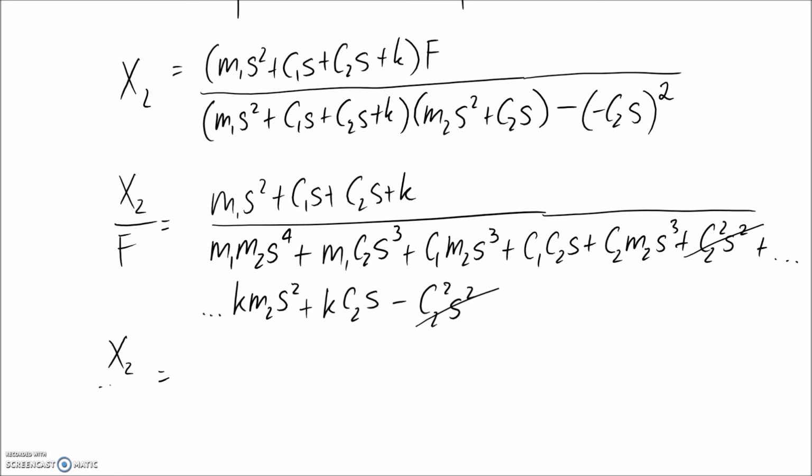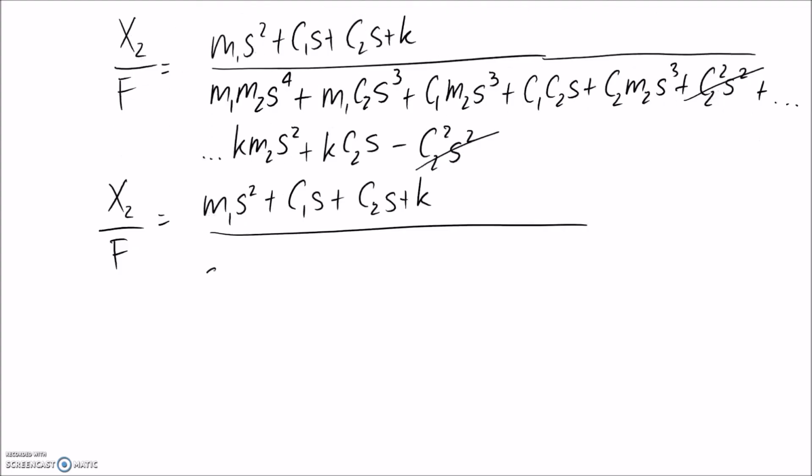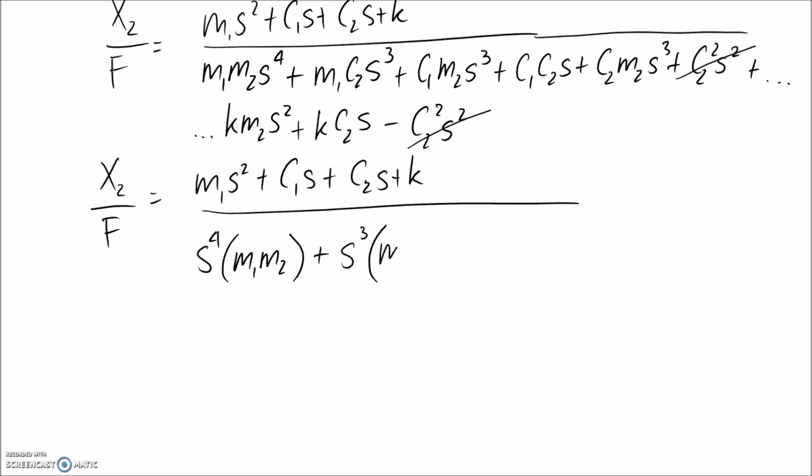So now what we can do is kind of write the final version, I guess, of our equation. And what I'm going to do is try and simplify this a little bit. So for the s to the 4 terms, we just have m1, m2. S cubed, I think we have a couple of things.